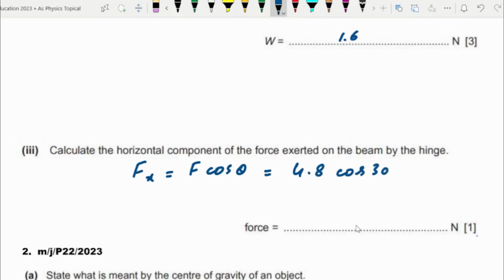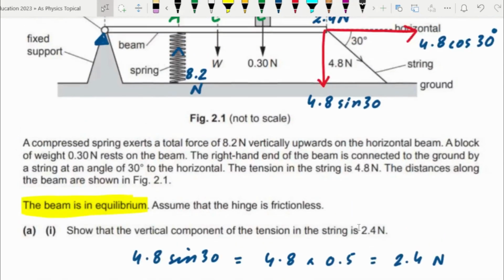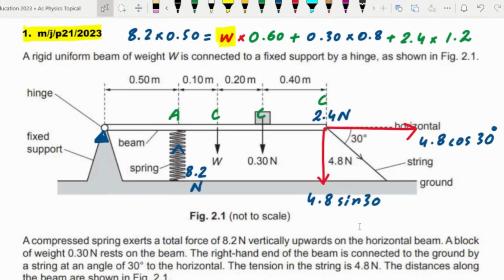Hit it on the calculator, you get 4.2. It should be easy because you have only a single force that is horizontal, and that is also a component of this force. There is no other force directed horizontally, so it should be very obvious.